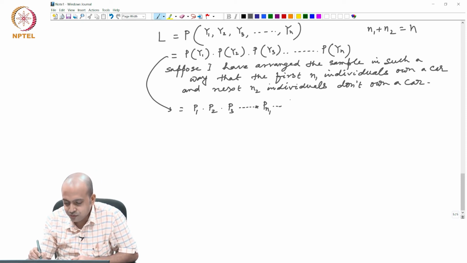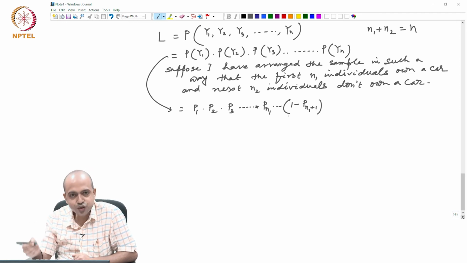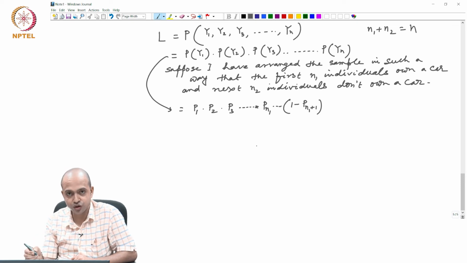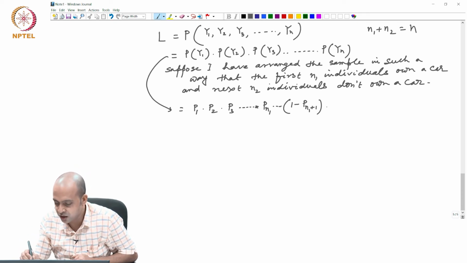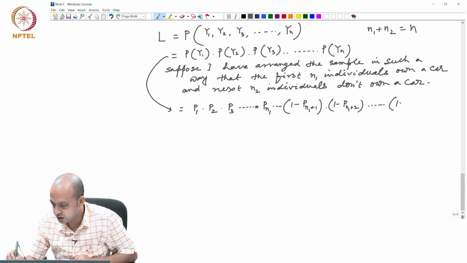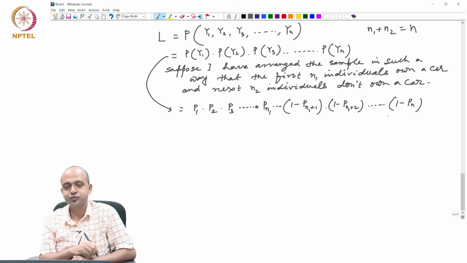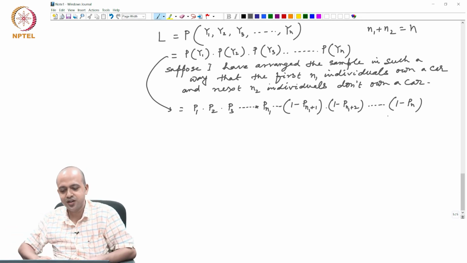And what would be the next term? The next term would be 1 minus p of n1 plus 1, because the next person does not have a car, that is why 1 minus p. For the first n1, p1, p2, p3, dot, p n1, the next individual does not own a car, that is why 1 minus p n1 plus 1, then 1 minus p n1 plus 2, dot, 1 minus p n. That is how I have arranged the data.